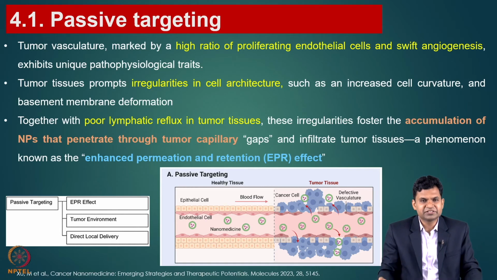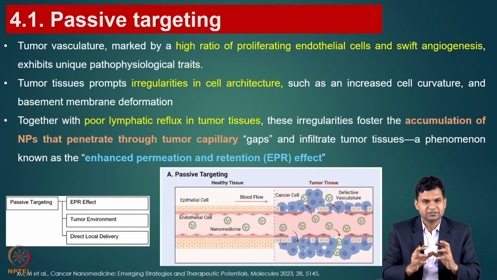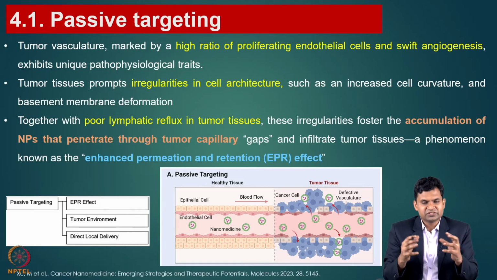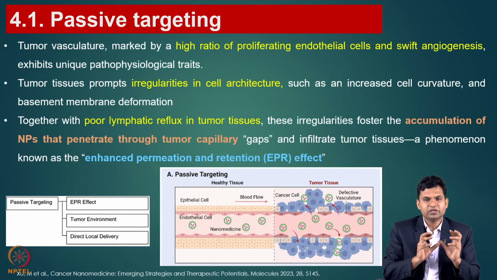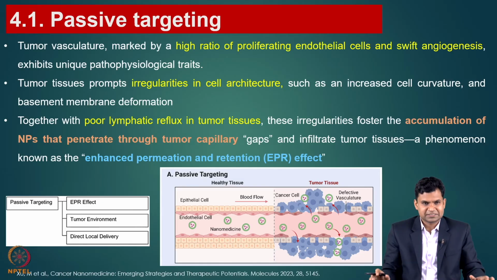The simple definition of passive targeting: the targeting mechanism works passively. So, without adding anything into the carriers, by using the physiology of the body and the carriers, we deliver the molecules into the particular site.